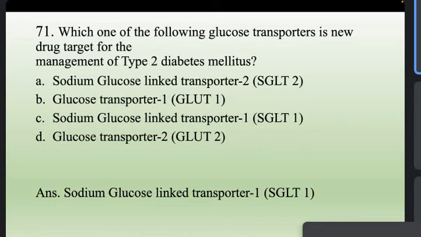Okay. So can you give me examples of SGLT2 inhibitors? Dapagliflozin. Yes. Very good. Okay.